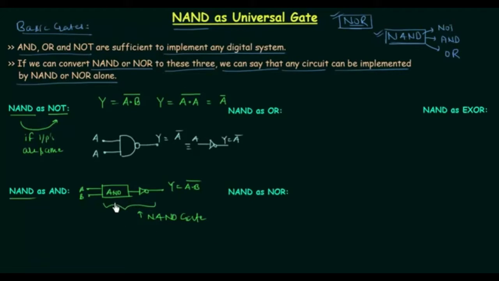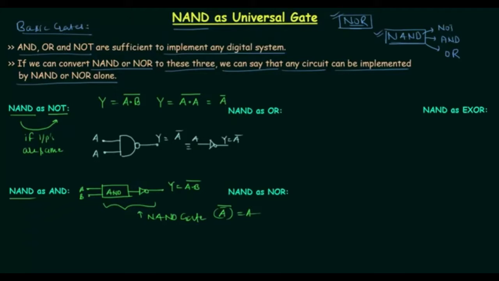This is something we have already discussed, and now we want our AND gate back. So the only thing we have to do is to complement the output of the NAND gate. If you complement the output of the NAND gate, you are going to get the AND gate, because the complement of A complement is equal to A. Very simple.